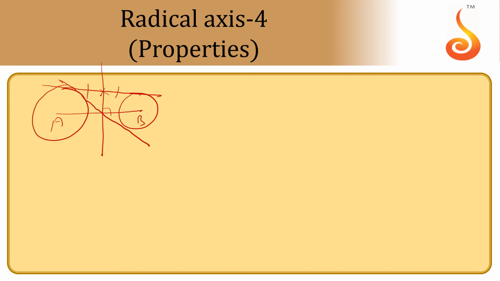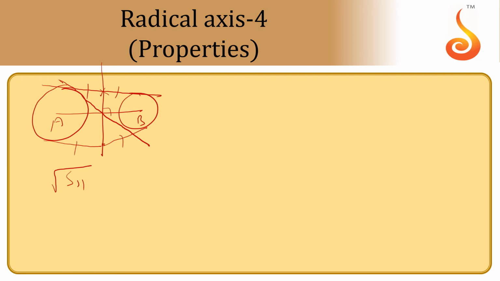Now, from any point on the radical axis, if you draw tangents to the circles, the lengths of tangents will be equal, because the definition of radical axis is that power is the same. Power means what? S11 is the same. S11 is the same implies root S11 is also the same.